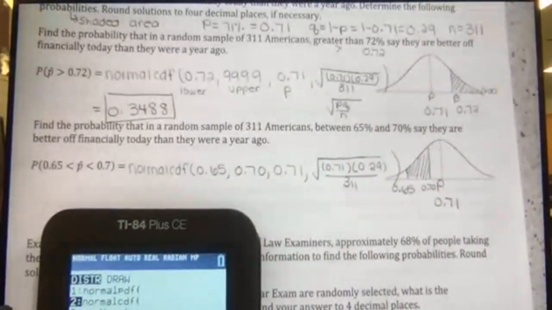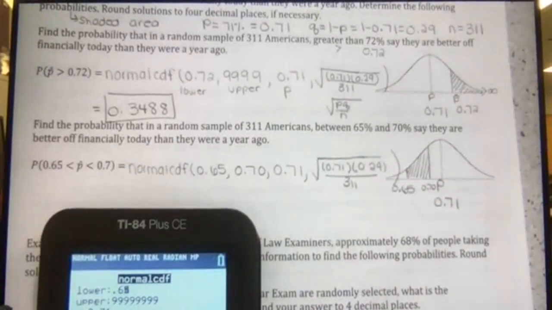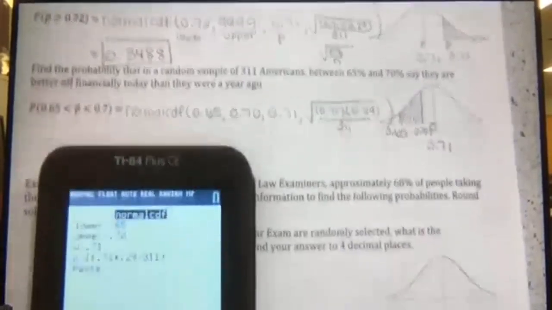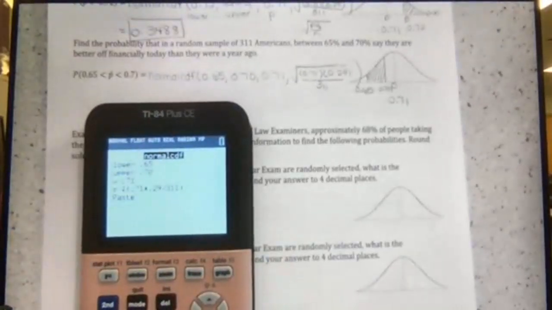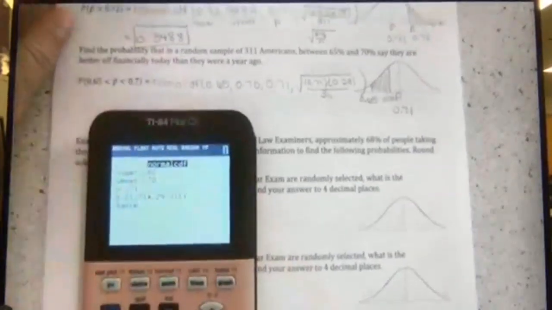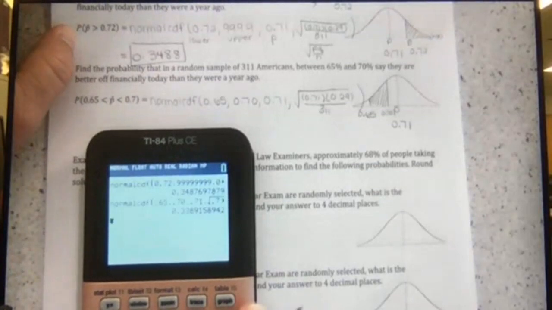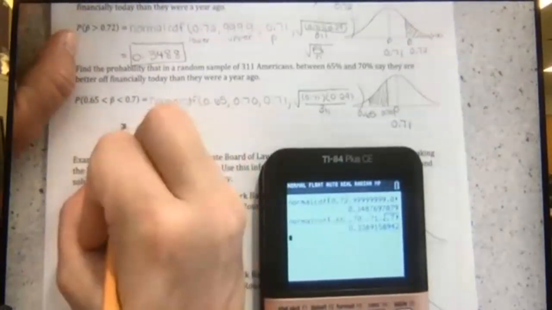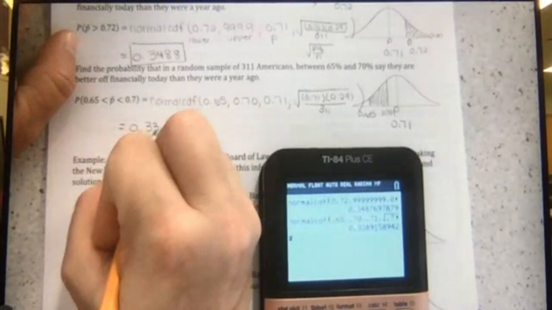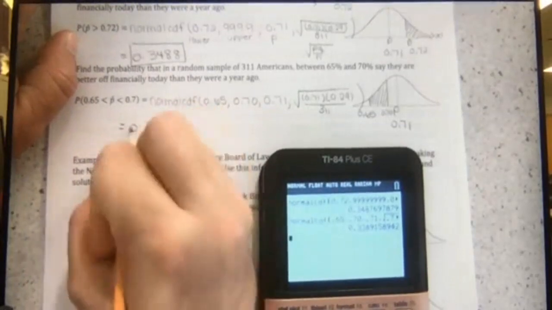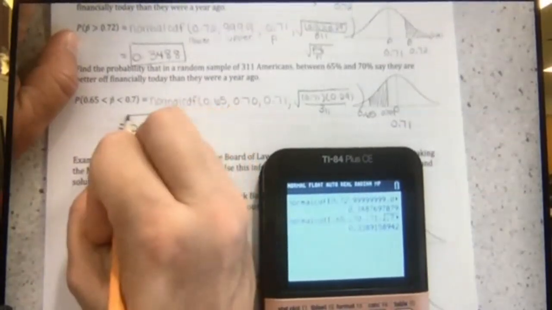Second bars, normal CDF, 0.65, 0.70, 0.71, and then I already have the standard deviation in my calculator, the square root of 0.71 times 0.29 all over 311. Pressing paste, it should all look the same how we have it written. Pressing enter will give us our answer. And we get 0.33891. So 0.3389 is our answer.